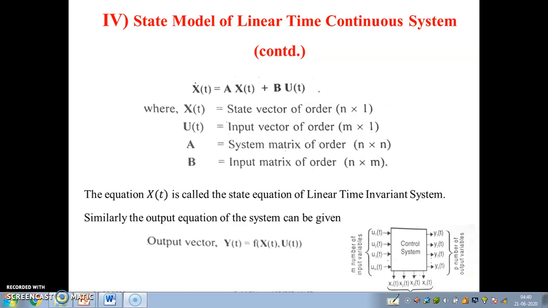Similarly, the output equation of the system can be given by the output vector y of t is equal to a function of x of t and u of t. The outputs at any time instant are functions of state variables and inputs.